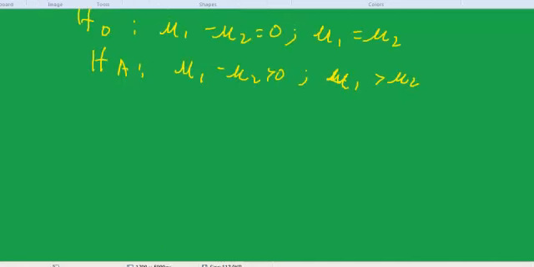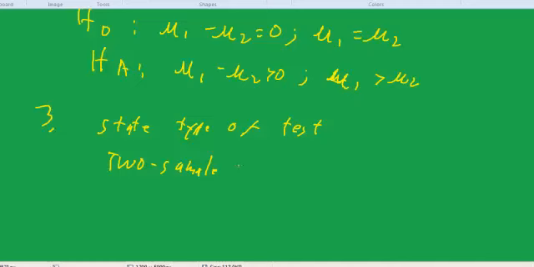Then we want to state the type of test that we're going to use. In this case, we're using a 2-sample t-test, and in later lectures I'll explain why we selected that and what some of the other choices are. Step 4, verify any assumptions that are needed.